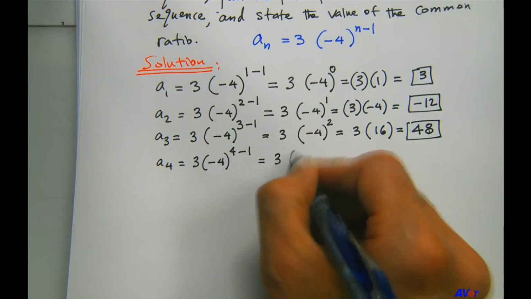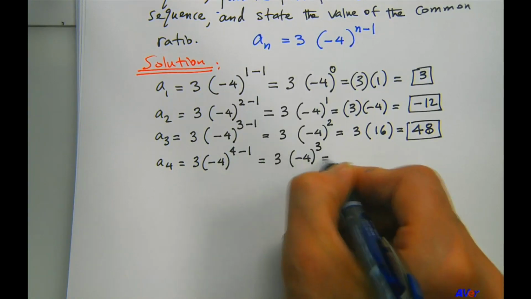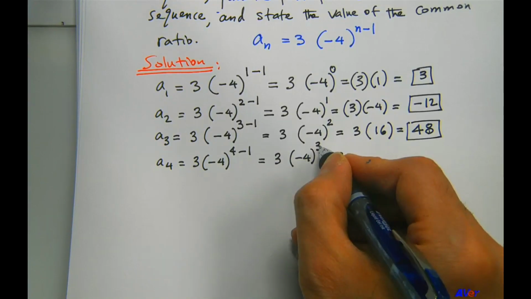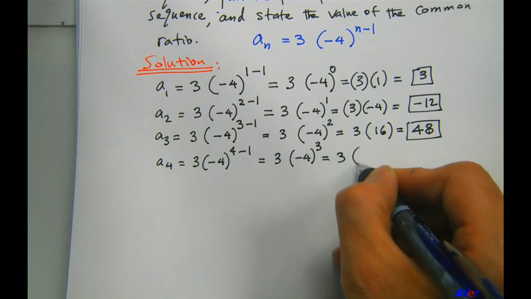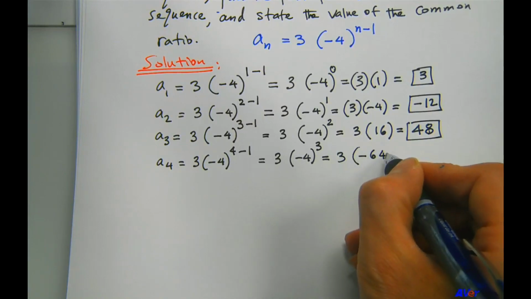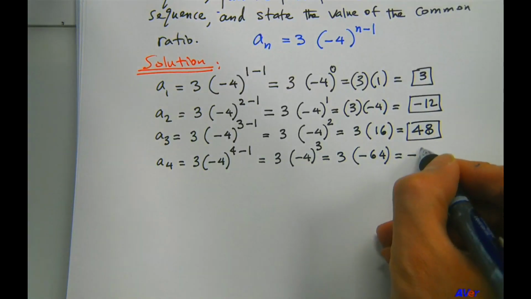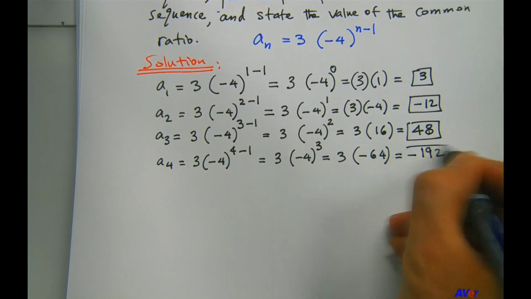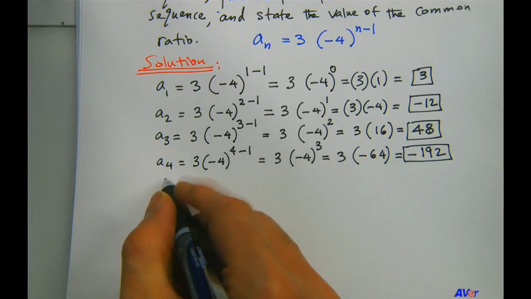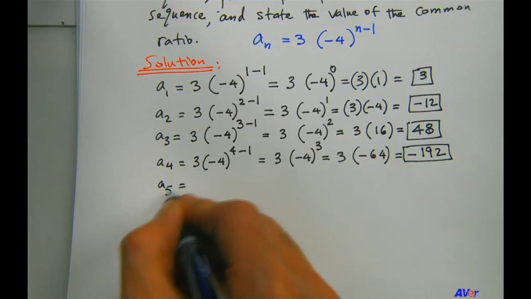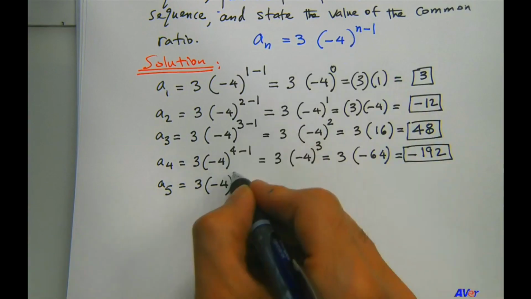So we have 3 times minus 4 to the 4 minus 1, which is 3. And this 3, because it's odd, preserves this negative sign. So 3 times minus 64, and then 3 times minus 64 is minus 192. Please do verify these numbers with your own calculations. And the fifth term, or a_5, let's find that by plugging in for n with 5.